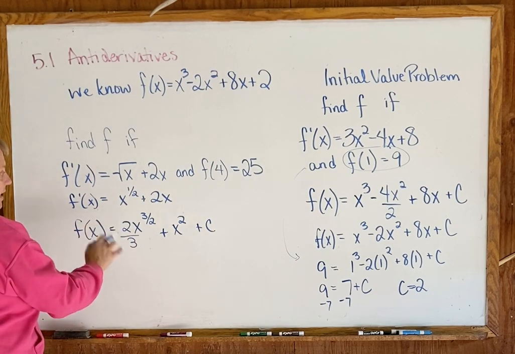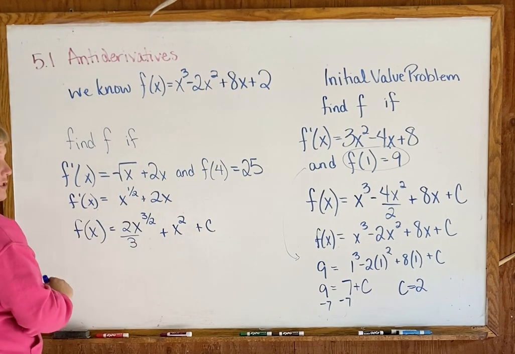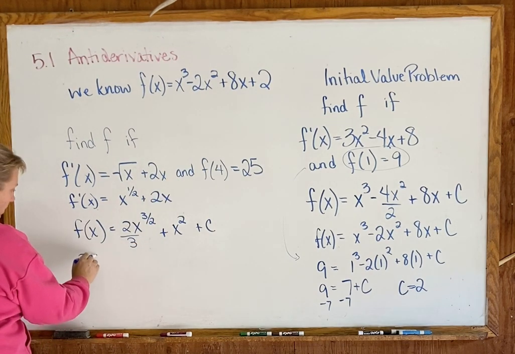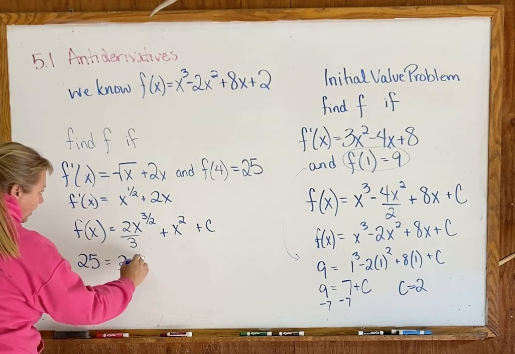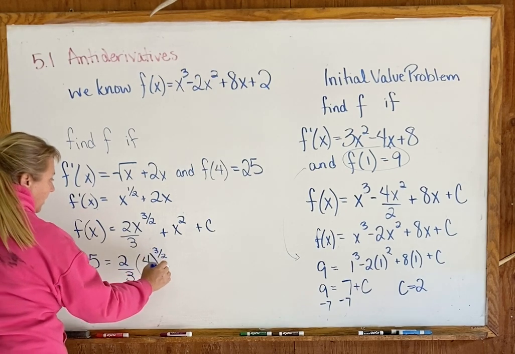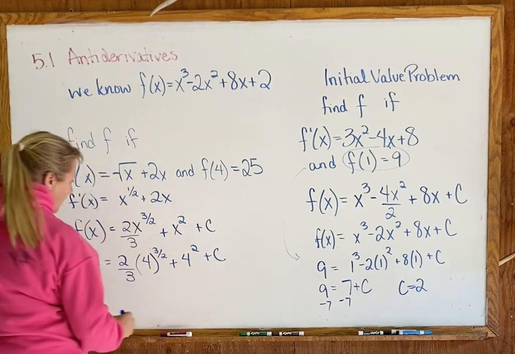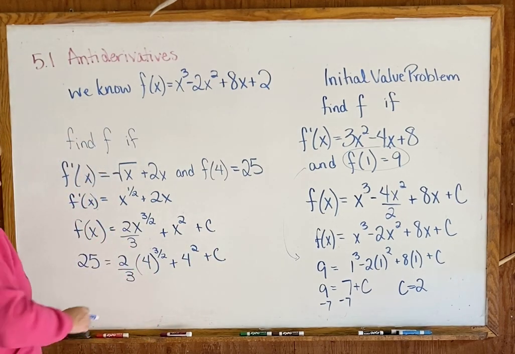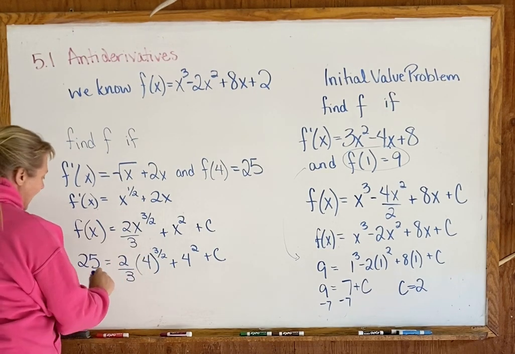So we know this time if we plug in 4, the answer should pop out to be 25. So if we plug in 4, we get 4 to the 3 halves plus 4 squared plus c. Okay, so 4 to the 3 halves: 4 cubed is 64, and then the square root of 64 is 8.